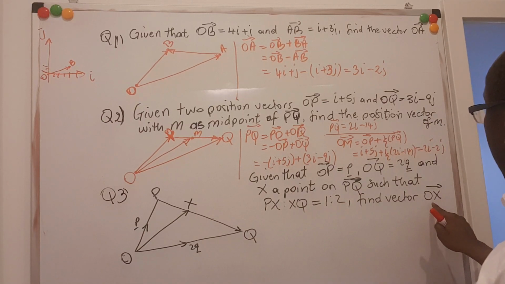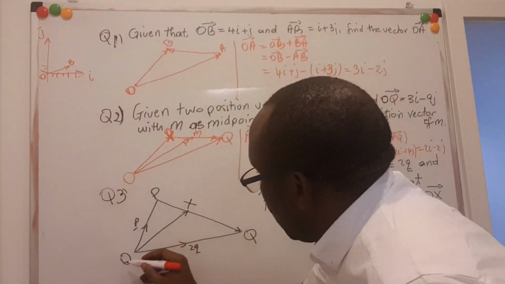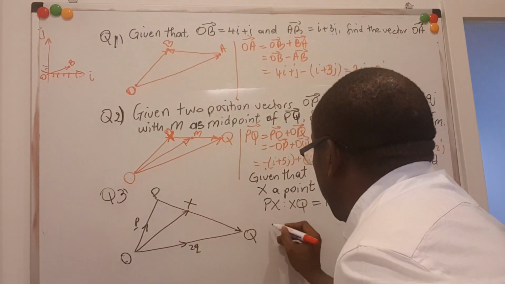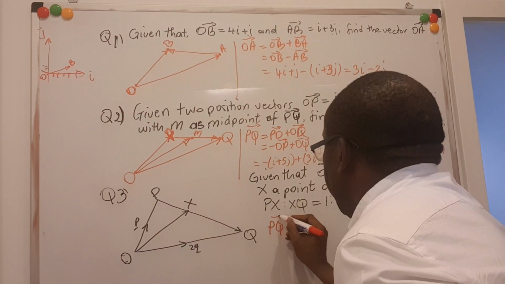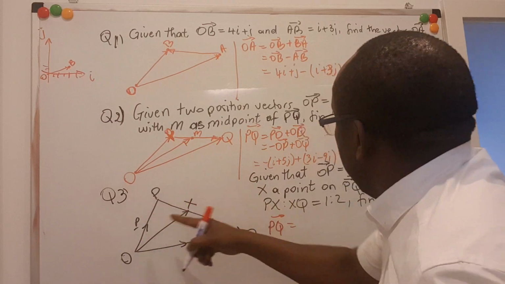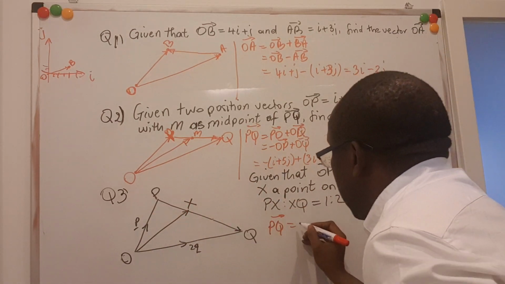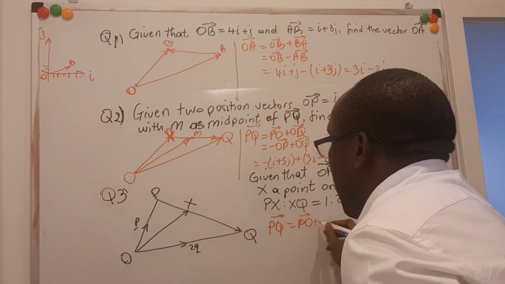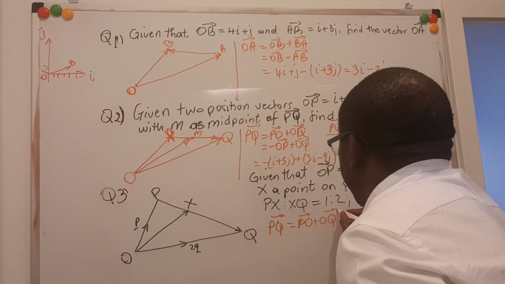We are interested in looking for OX. So we want that path. We've been given information, so the first thing we should look for is PQ. We don't know the path, but we get information from what we know, p and 2q. That should be PO plus OQ.